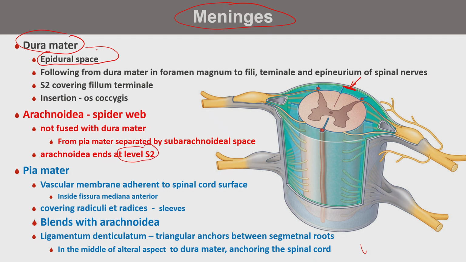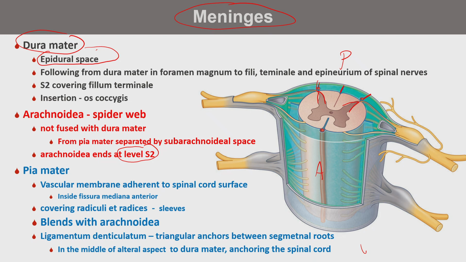We have some connections which are fixing the spinal cord to the arachnoidea with bridges. Those bridges are seen typically dorsally in the midline. Here is posterior, here is anterior, midline, and at the level of the posterior horn. We will see what the posterior horn is on the next slides.